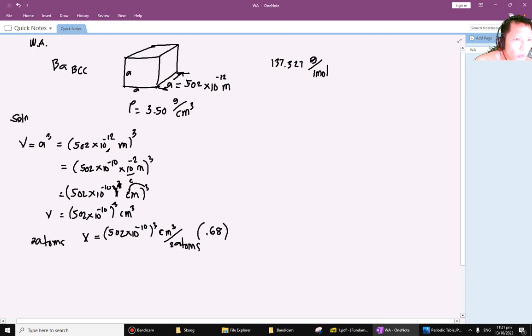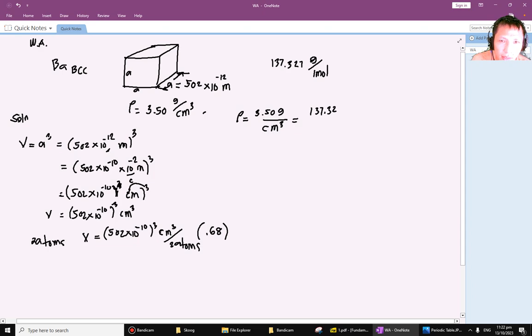So after that, I think we only have to look at this. This is already the density. So let's plug in our density. Density is mass over volume, which is 3.50 grams per cubic centimeter. And then we equate it to mass, which is somewhat like this. I'm not looking at any formula, I'm just figuring out the dimensions, because this is the density.